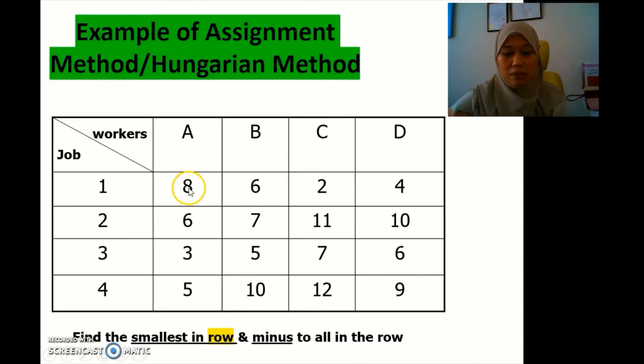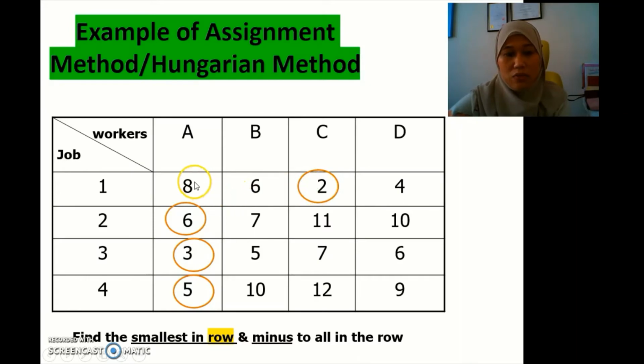Okay, for example, for row number 1, we have 2 is the smallest one, and then for row 2, 6, then smallest one is 3 here, and then 5. And then what we have to do, we have to minus each number in the row with the smallest.